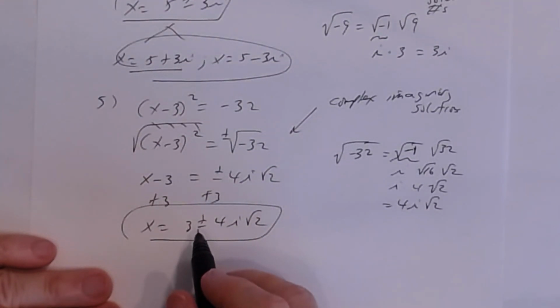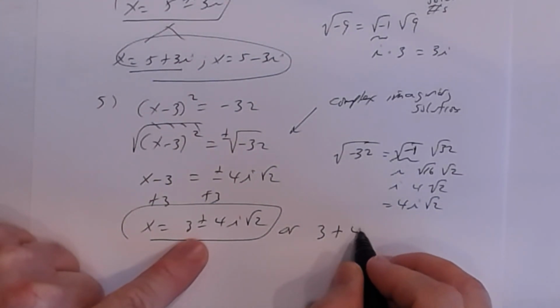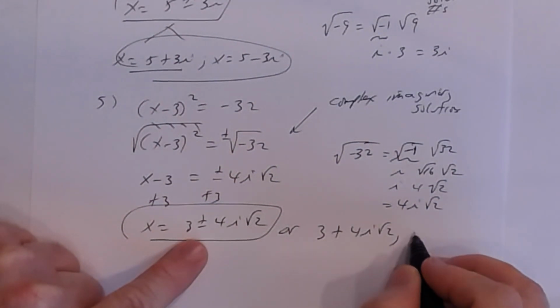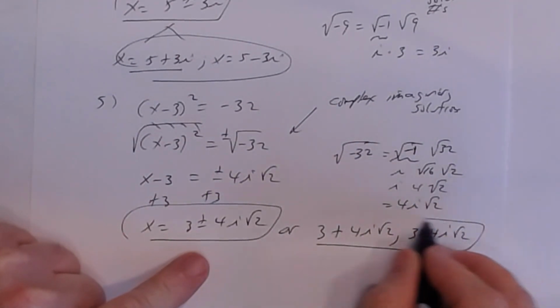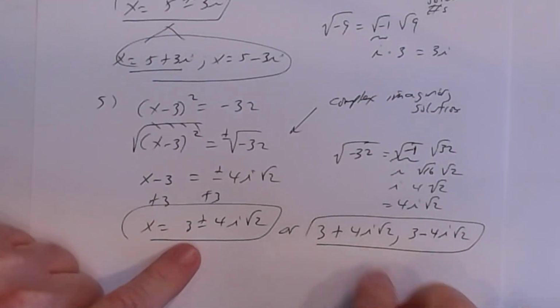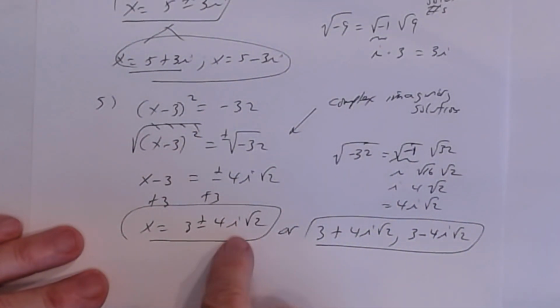Notice though, you still have two solutions, right? Your two solutions are 3 plus 4i square root of 2, comma, 3 minus 4i square root of 2. Okay, so those are two different ways of writing your solutions for that one. But notice you have that i in there, so you have complex imaginary solutions.